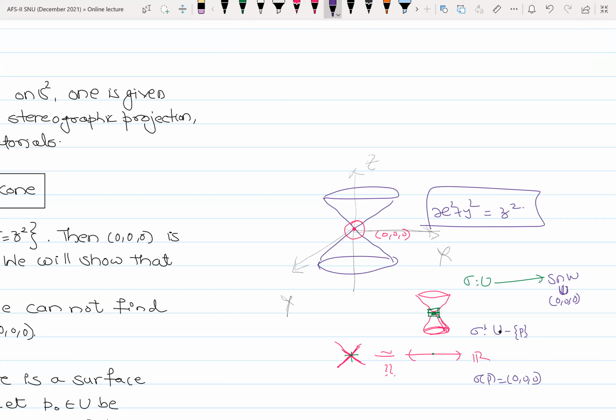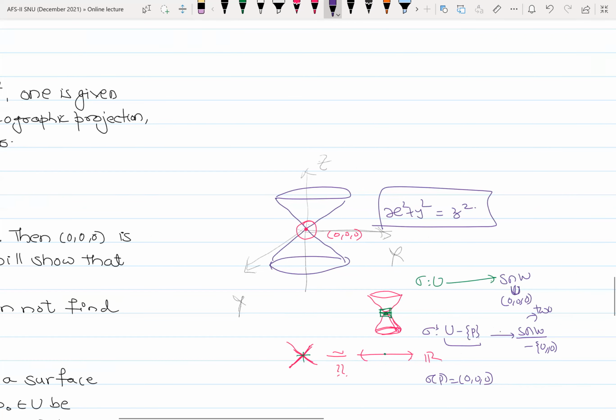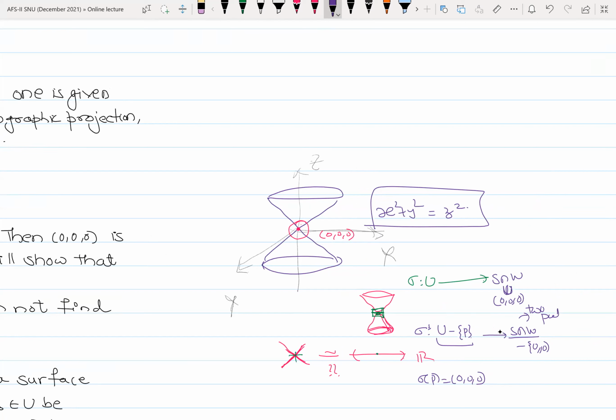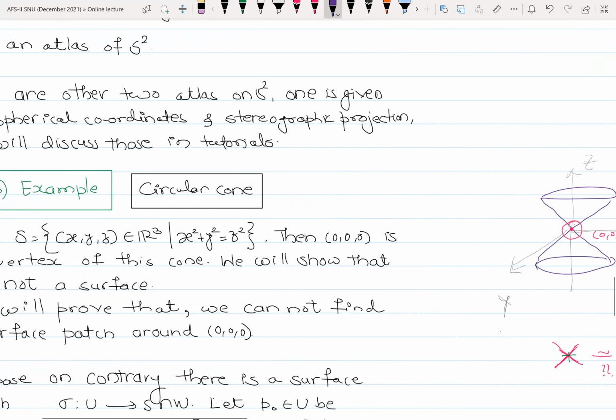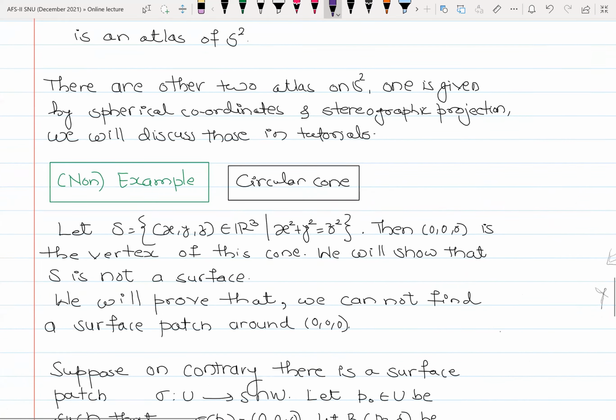You remove that point from the open set and go to S minus 0, 0, 0. Here you will have two path components, or connected components, and there only a single one. That will give me a contradiction that this is a surface. That explanation I wrote here, so if you read it you will be able to understand it.